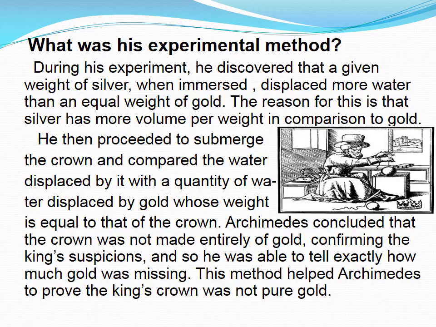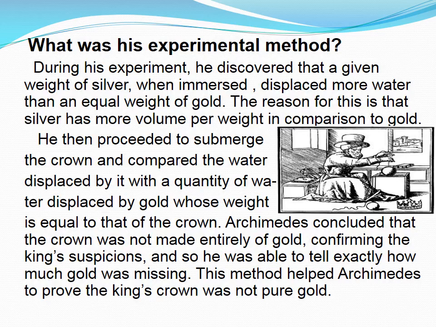What was his experimental method? During his experiment, he discovered that a given weight of silver, when immersed, displaced more water than an equal weight of gold. The reason for this is that silver has more volume per weight in comparison to gold. That means silver has less density than gold.